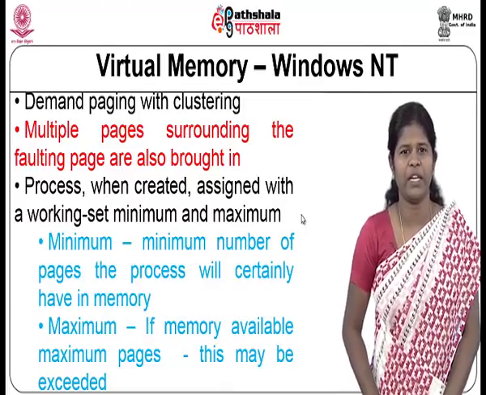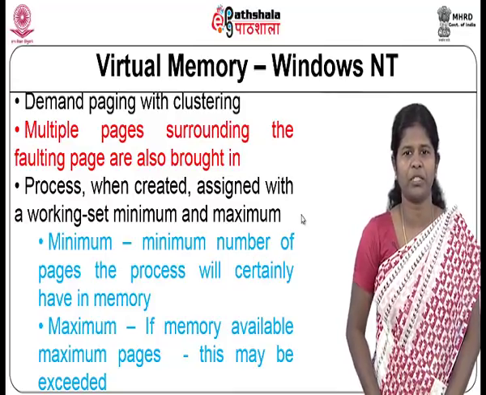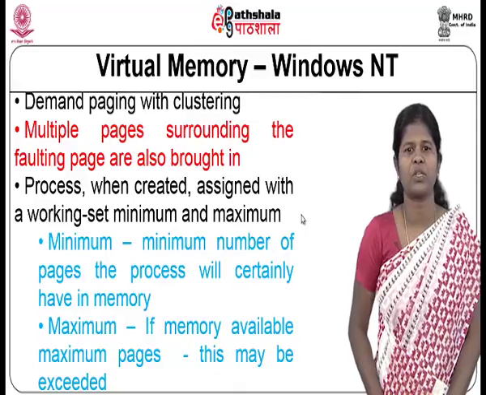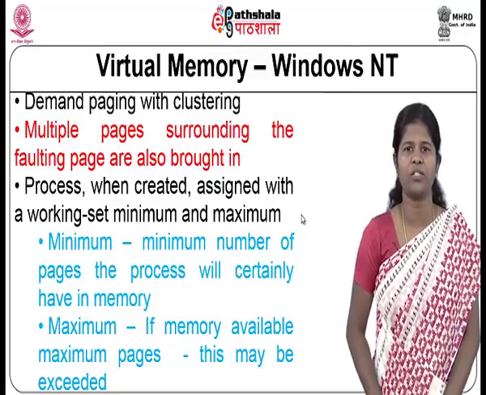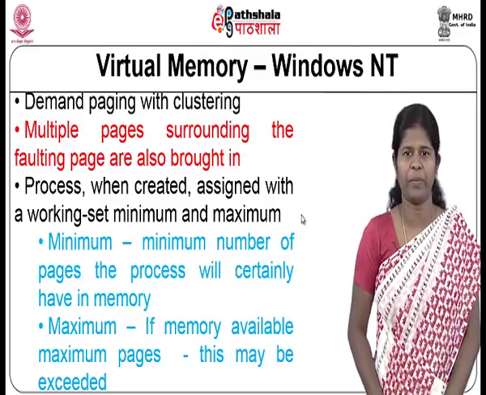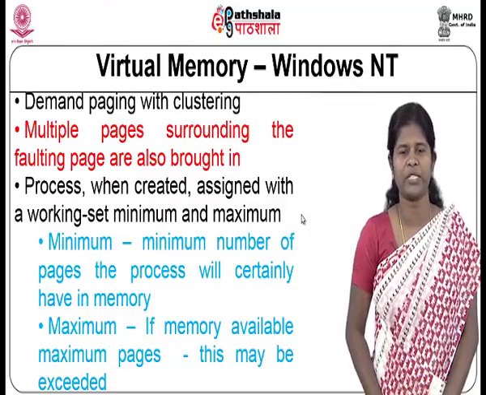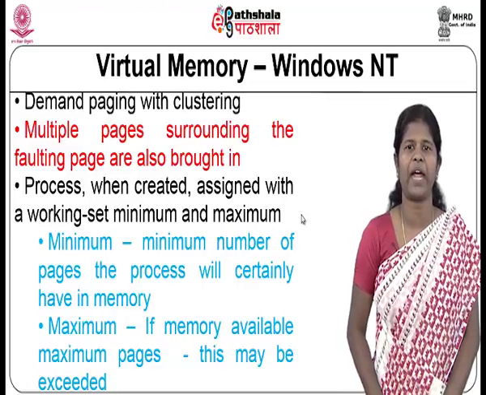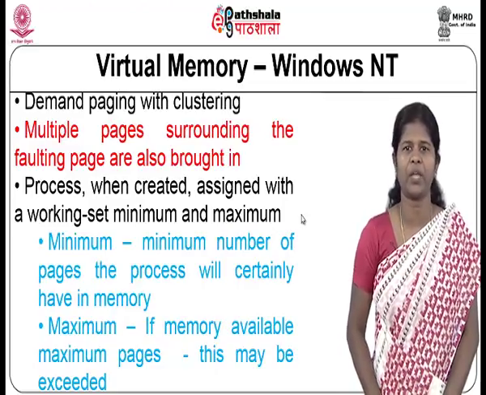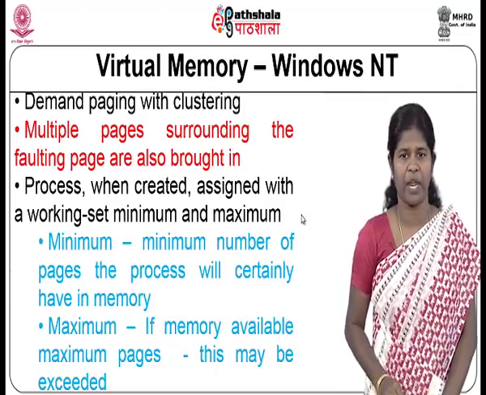In Windows NT, demand paging is used along with a method called clustering. So, what is clustering? Multiple pages surrounding the faulting page are also brought into the main memory. Whenever there is a page fault, usually we bring in only the page for which the page fault had occurred from the secondary storage device into the main memory.